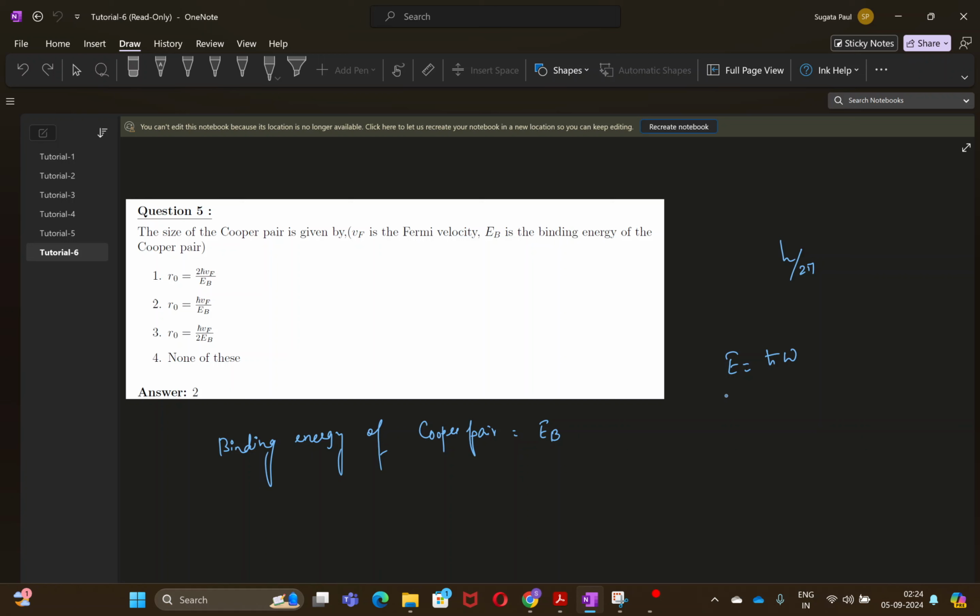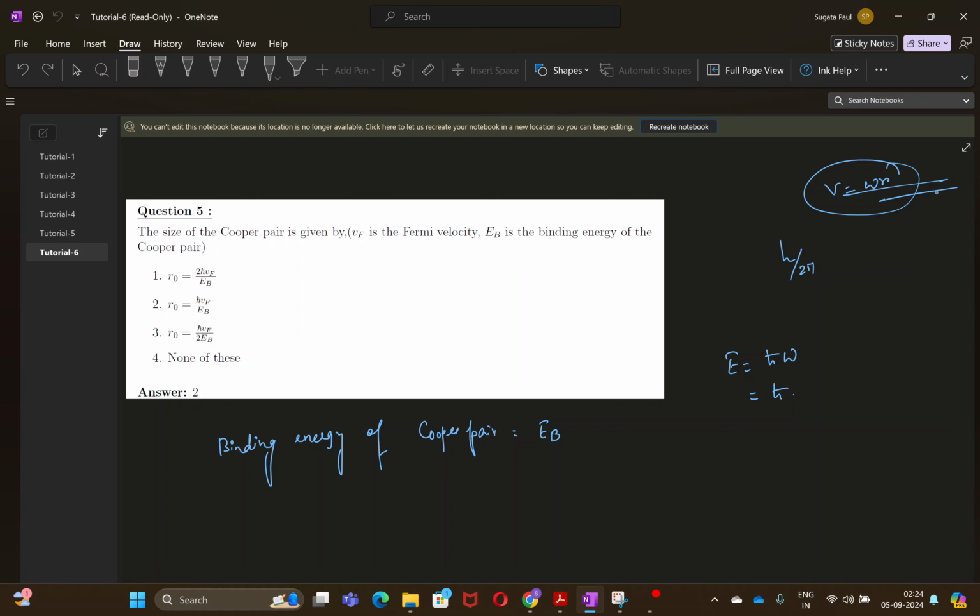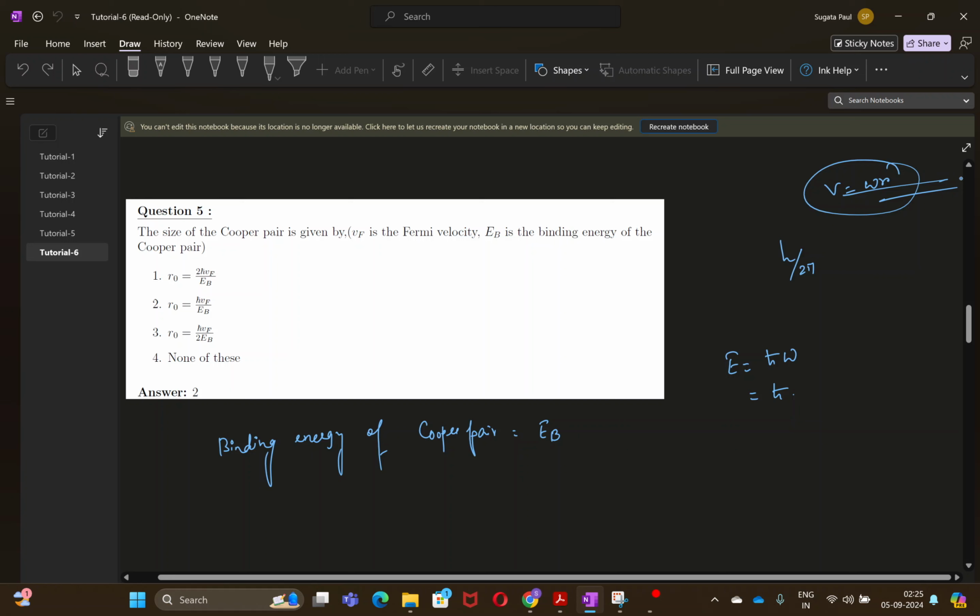Or let's say that this is equal to h cut omega. So you know that v equals omega r. That means if there is a circular kind of orbit and the orbit's radius is r, and the angular velocity of the system is omega, then at any point the velocity can be written as omega times r. That is a basic understanding, or the generic relation that is known.